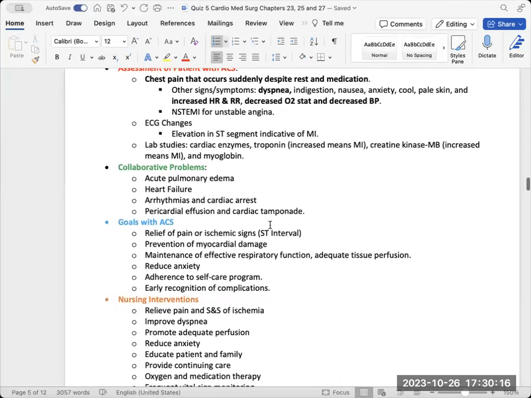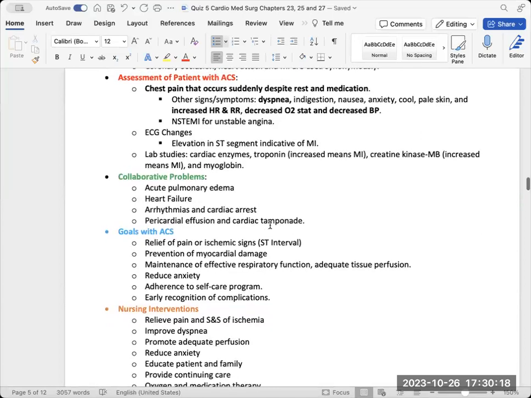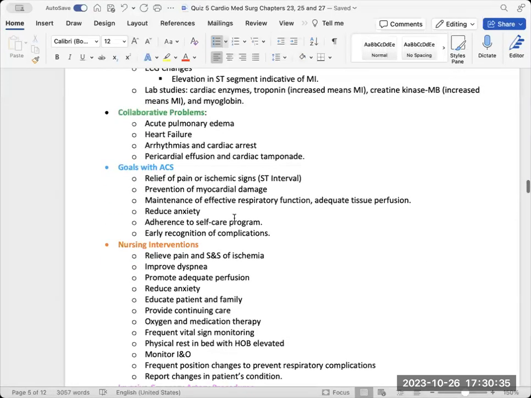So as a nurse, or even on your test, if they ask what are some of the things you should look for in an MI, or what are some labs or changes I might see, you're going to see potentially an ST segment elevation. Very, very important is knowing which cardiac enzymes to look at, because you must take labs.